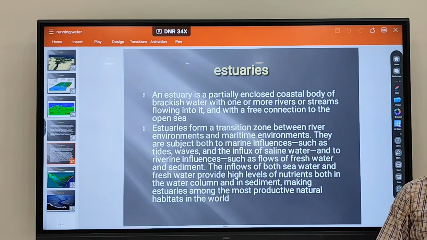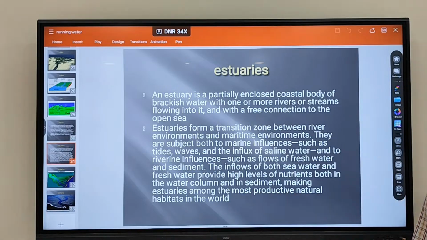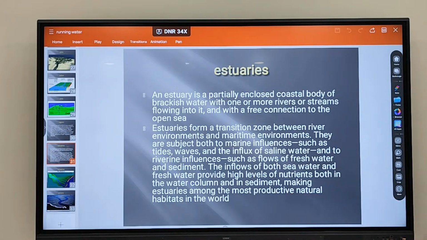That's why estuaries are one of the most productive natural habitats of the world. Species surviving in fresh water can survive, and species surviving in salt water can also survive. That's why it is the most productive habitat of the world. Clear? Any doubt regarding this? This is all about your estuaries concept.